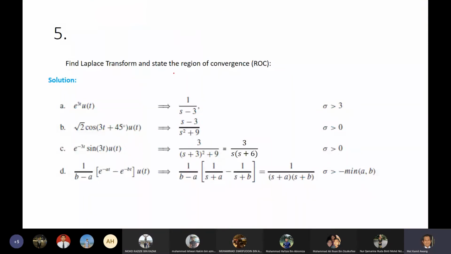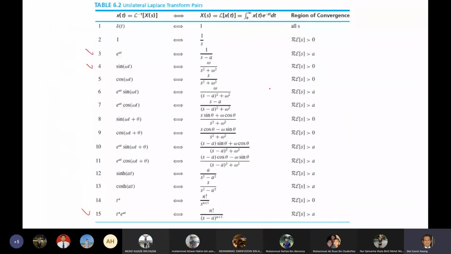Find the Laplace transform and state the region of convergence, ROC, for A: the Laplace transform of e to the power of 3t u(t). So what is the general formula?